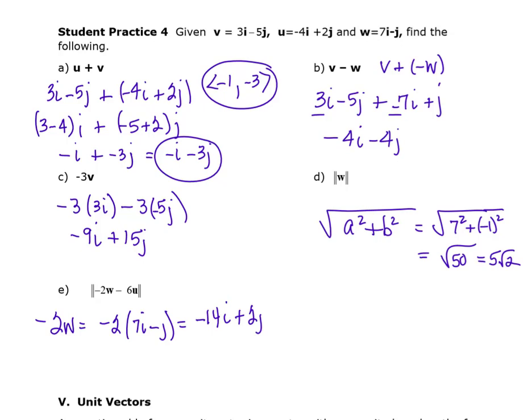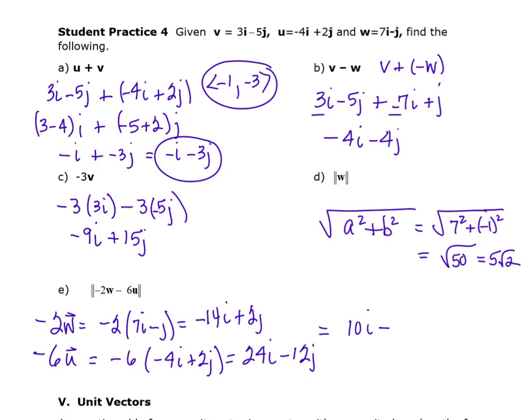If I find negative 6u, I'm going to take negative 6 times negative 4i plus 2j, which is going to be 24i minus 12j. I need to combine these two together. So I've already taken the opposite, right? I'm adding the opposite, so I'm going to get 10i minus 10j.